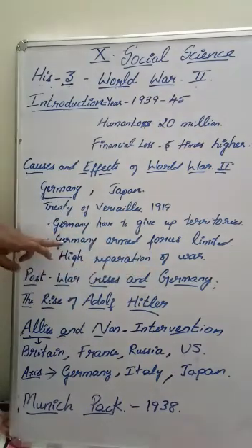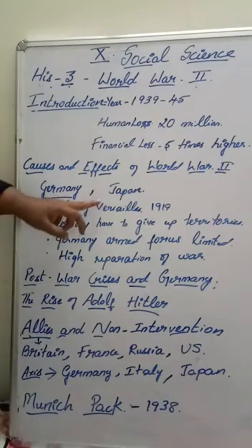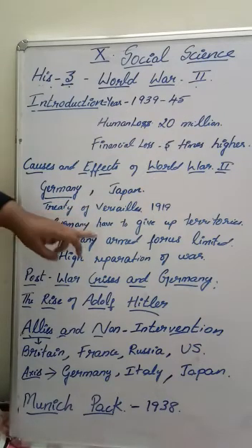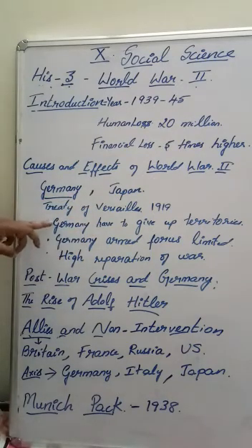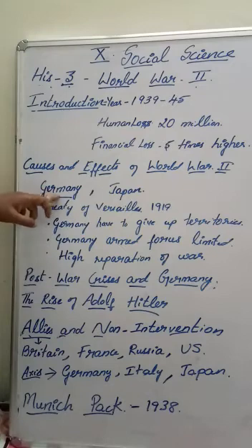I'll give an example. According to the Treaty of Versailles, other countries, for example Britain, had to pay only $10 billion reparation, that is compensation, and the United States had to pay only $15 billion, but Germany had to pay $33 billion.